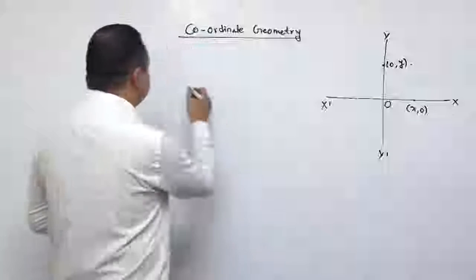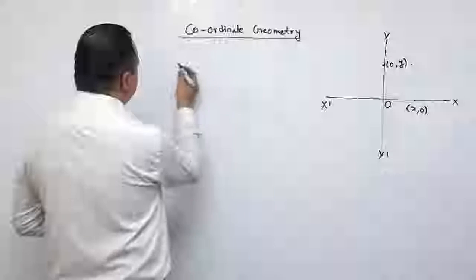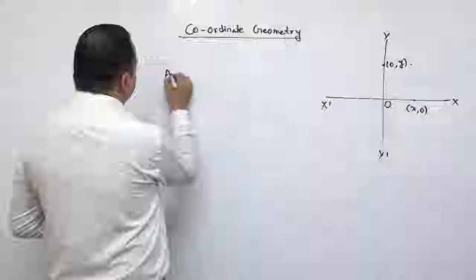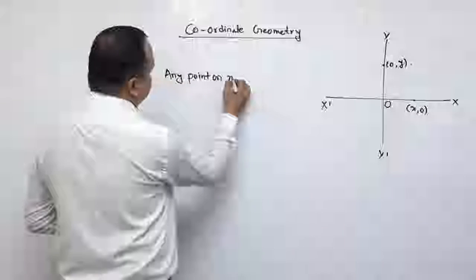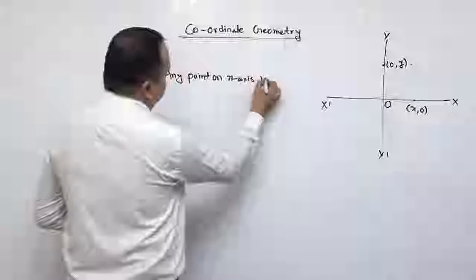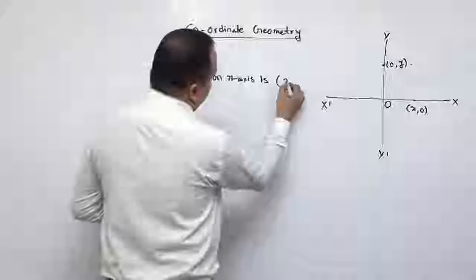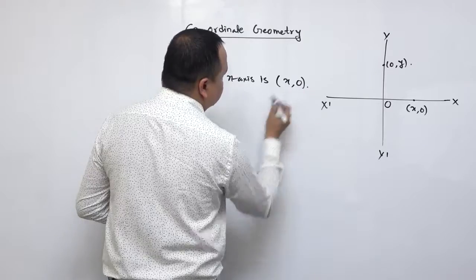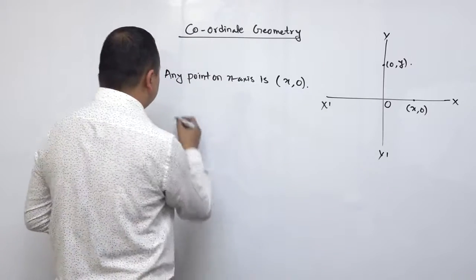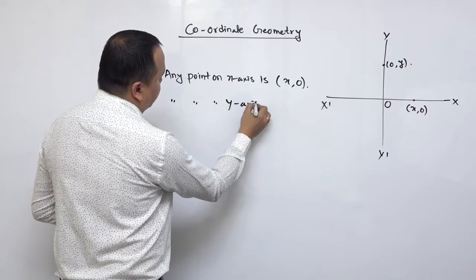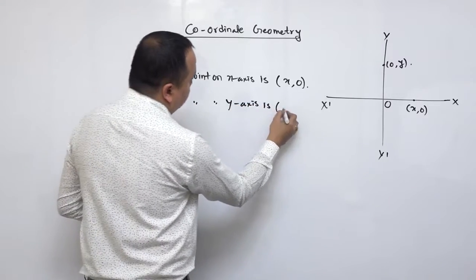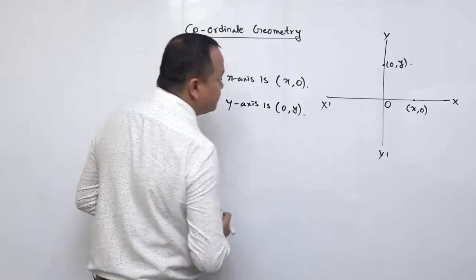So first of all, two important notes. Any point on the x-axis is (x, 0). Similarly, any point on the y-axis is (0, y).